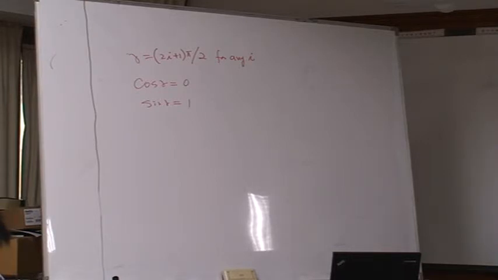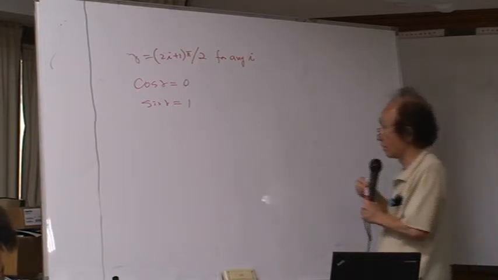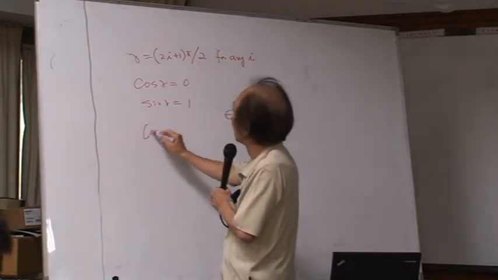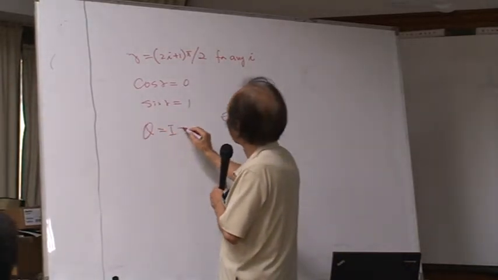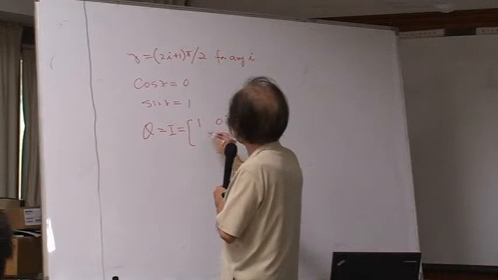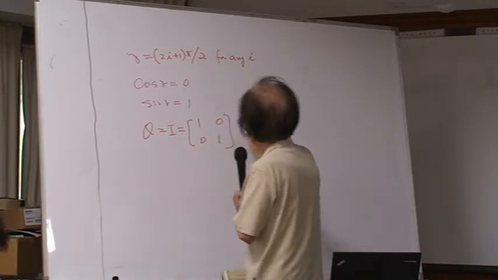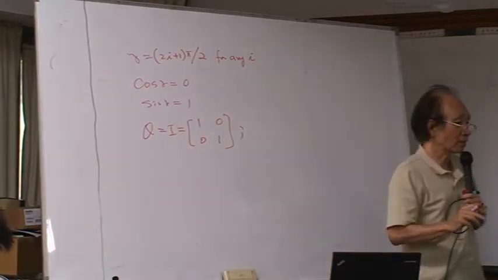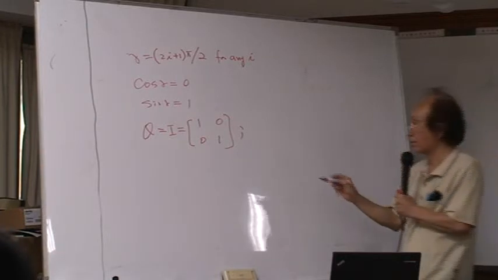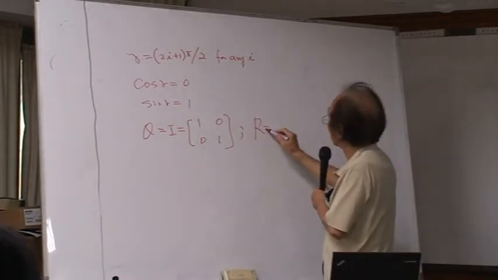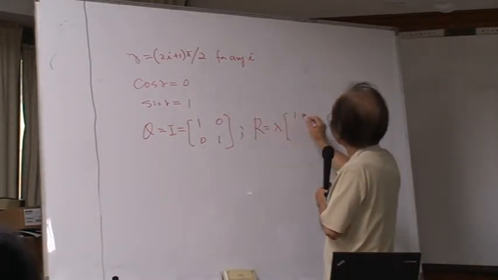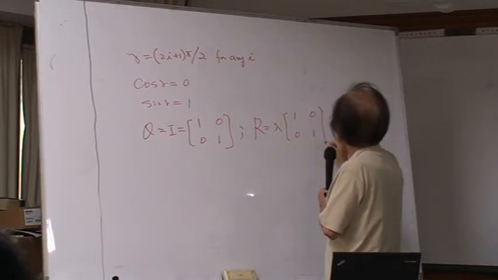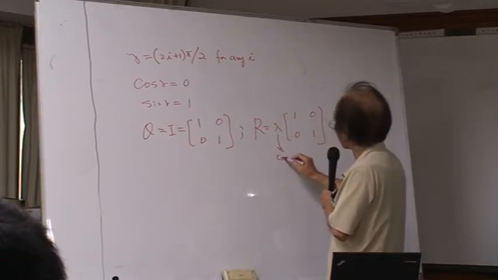Then I assume Q equals I, this Q equal to I means the identity matrix, so for this case, [1 0; 0 1]. Then let us assume R equals lambda [1 0; 0 1]. And lambda is just a constant.